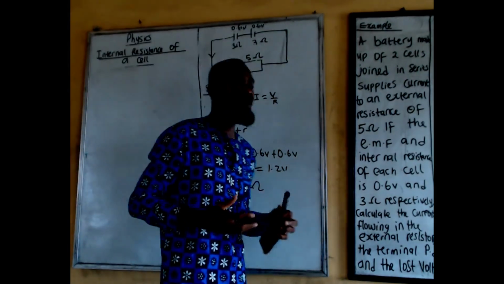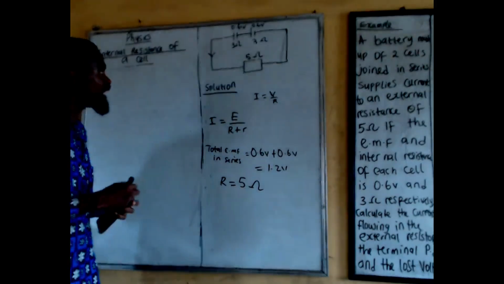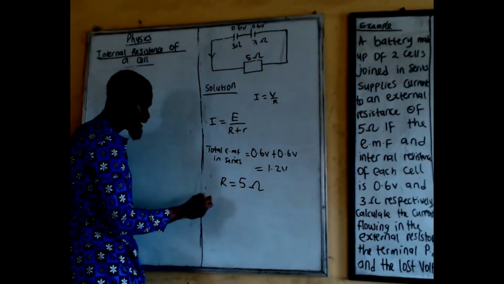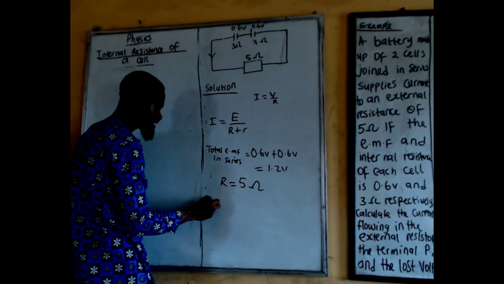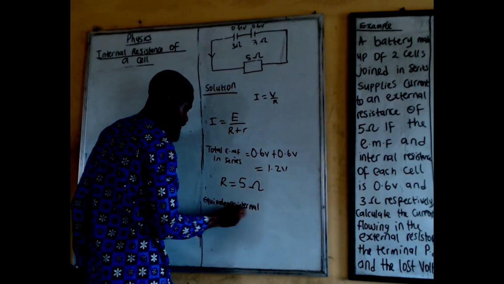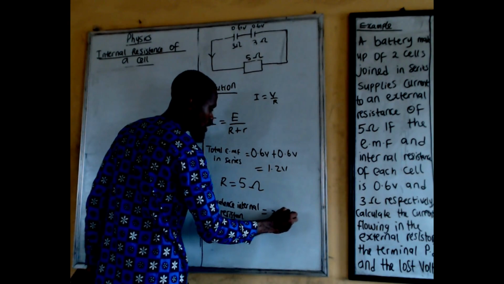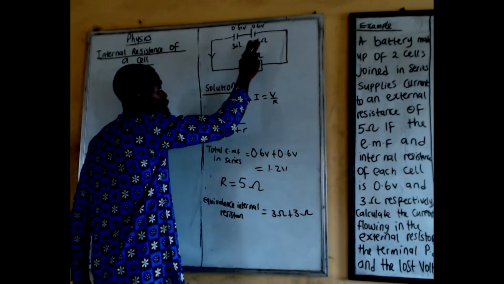If you want to add two or more resistances in series, you recall the formula, which is simply to add them. For the equivalent internal resistance, we just do 3 ohms plus 3 ohms, which is R1 plus R2.